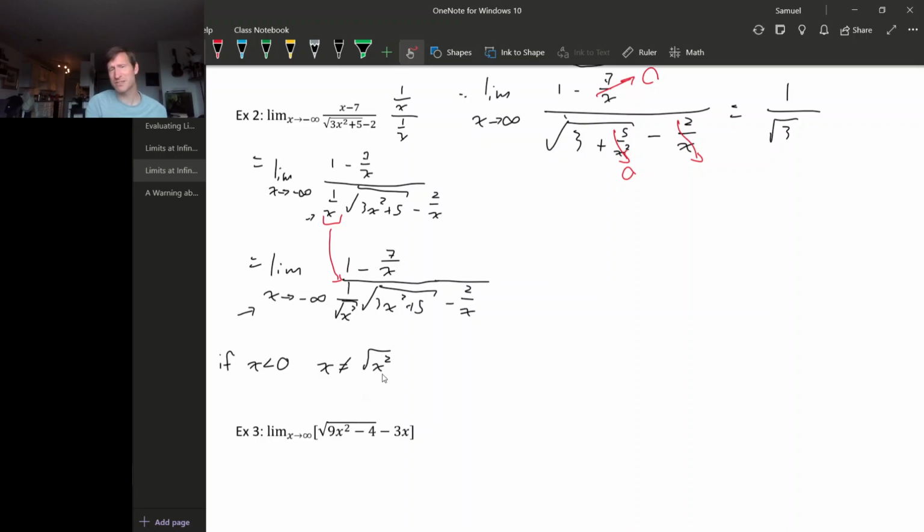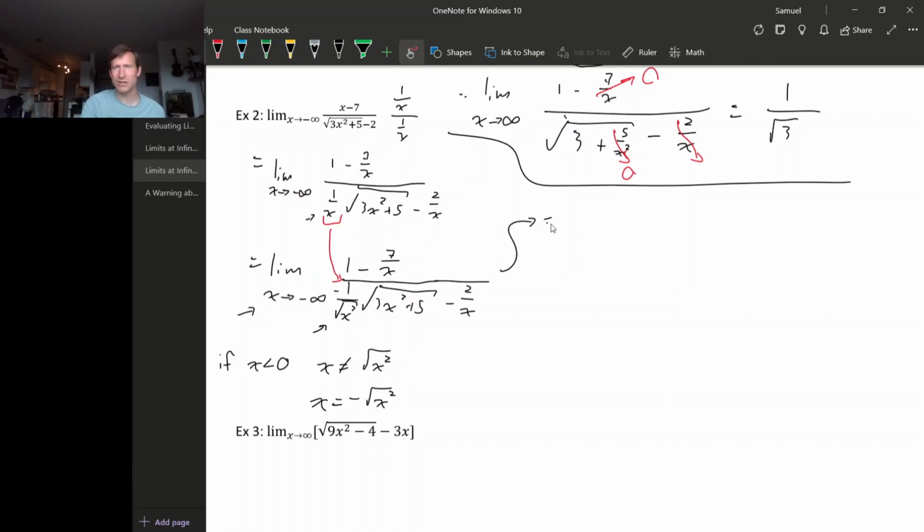Because the square root of its square is going to be positive, but we said x was negative, so these two can't be equal. In fact, if x is less than or equal to 0, x is equal to the negative of the square root of its square. So what we need to do is put an extra minus sign in here, right there. And that's going to change the final result that we get.